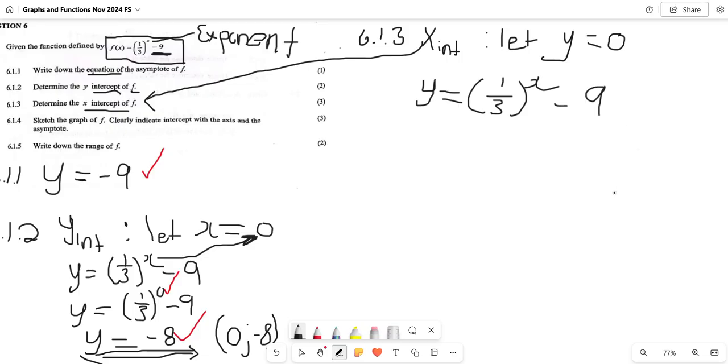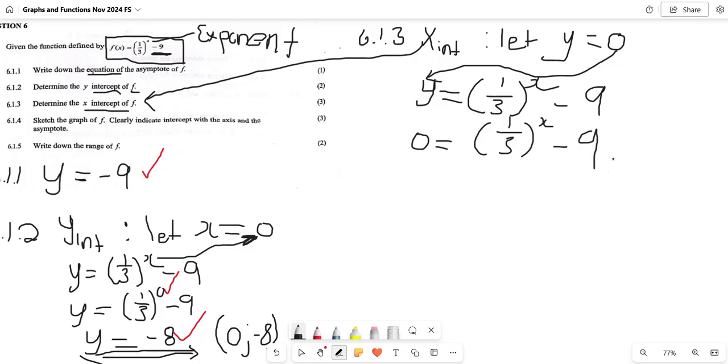Then how do we get the x-intercept? Remember, in place of y, we are going to write the 0. Then 0 is equal to, in bracket, 1 over 3, all to power of x minus what?